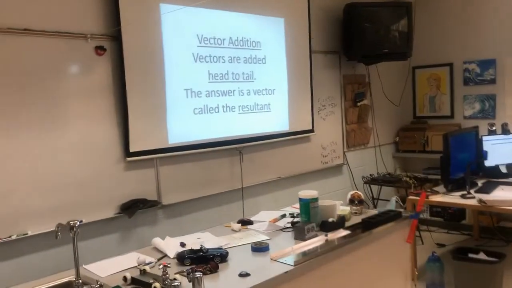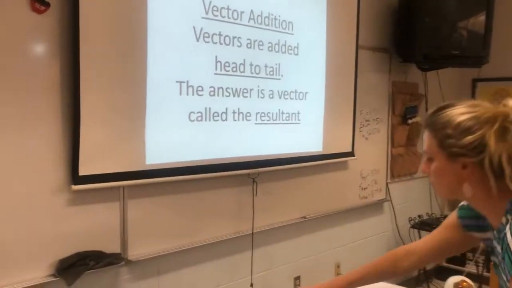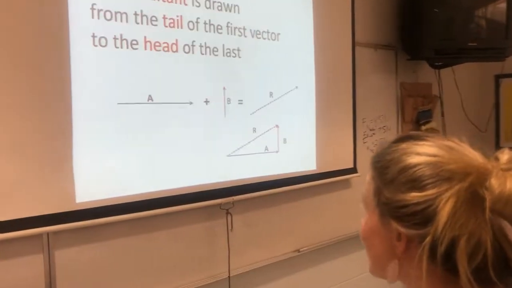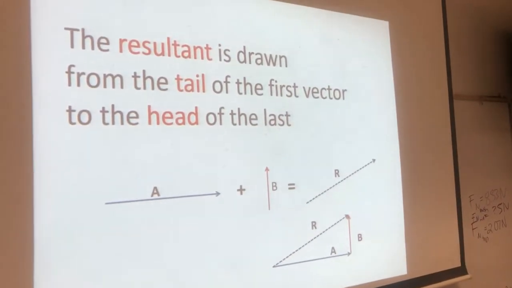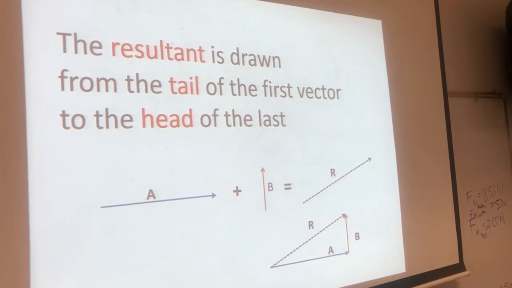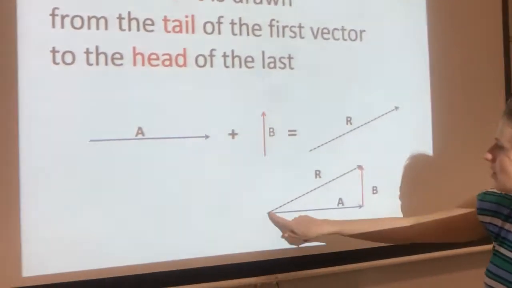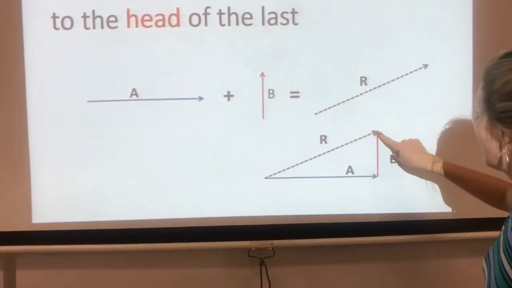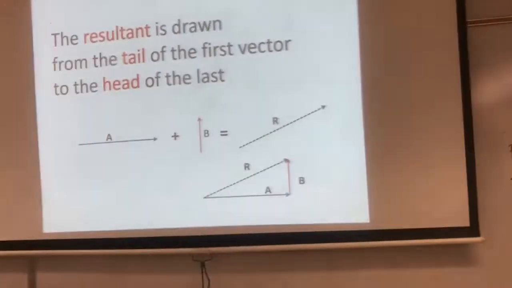I think the next slide tells us something about the resultant. Okay, let's keep going then. Don't jump the gun here, Ms. Moore. Too excited. Oh, nice, you're right. The resultant is drawn from the tail of the first vector to the head of the last. Tail of the first, head of the last. That looks like C. It does.